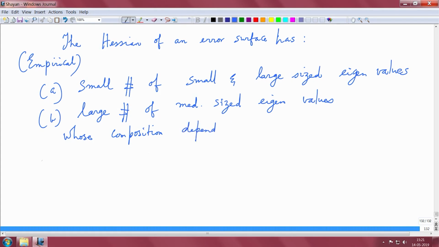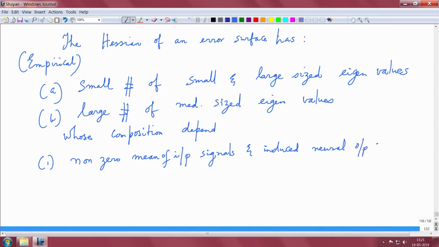they depend upon some parametrics such as the non-zero mean in the input signals, and also the induced neural output signals that can have biases, right, which are also non-zero.